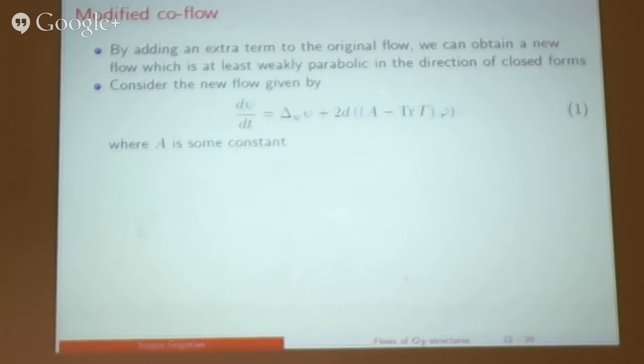So we have this Laplacian term, and also some term which depends on the trace of the torsion. And actually, this term is designed in such a way to cancel out the offending term in the linearization.